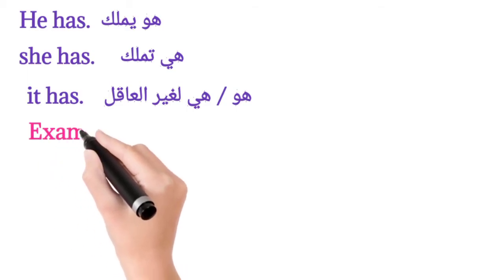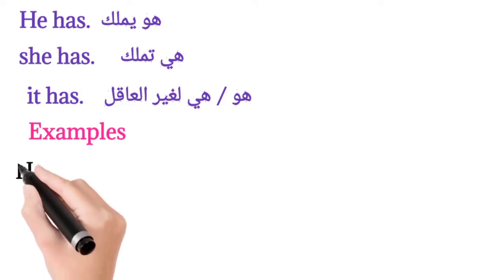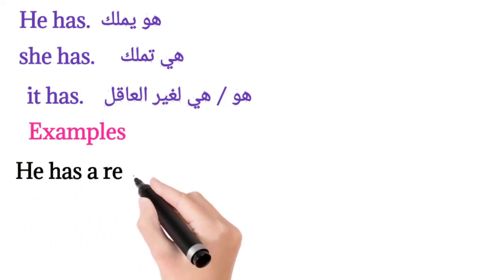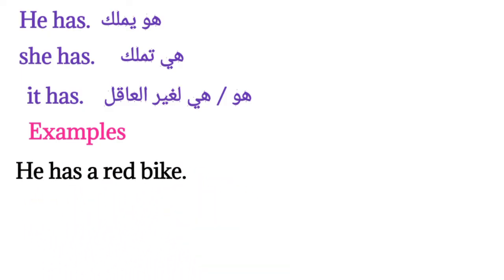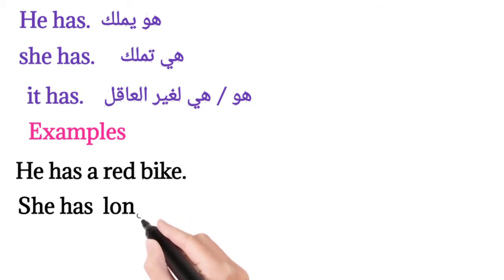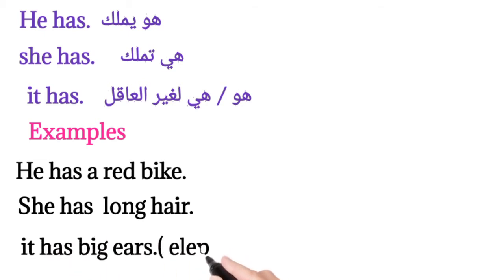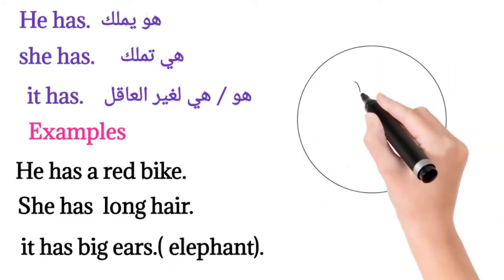Examples: He has a red bike. She has long hair. It has big ears like an elephant.